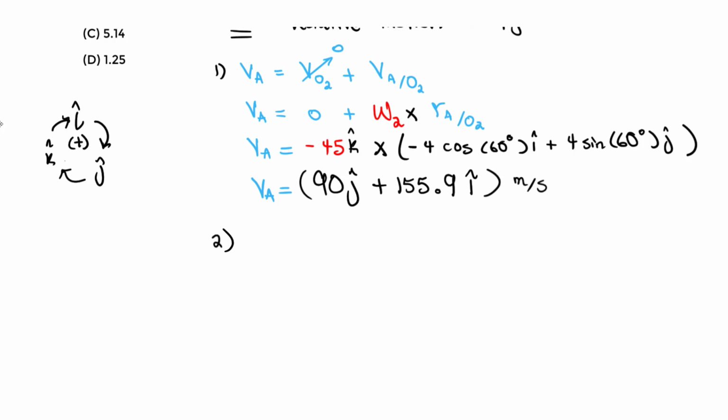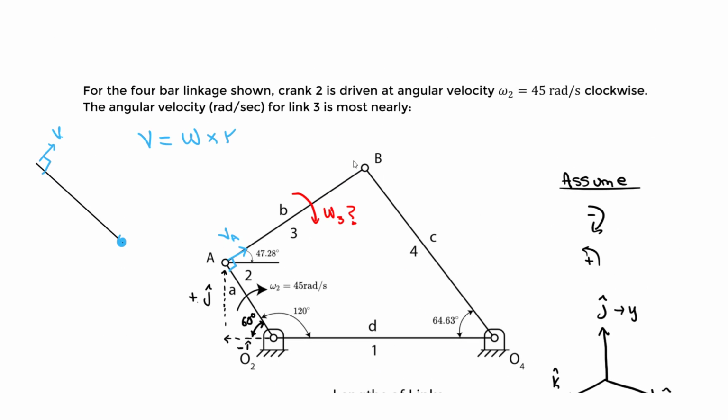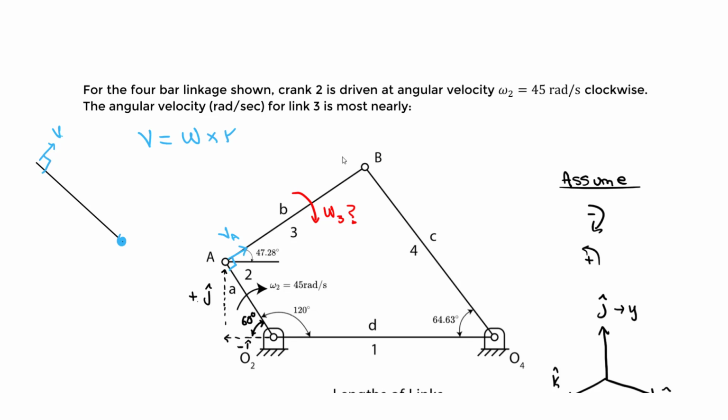Let's keep going. Step number 2. We're not even close yet, but we will now move to the velocity at B. We know the velocity at B is going to do something like this. It's always perpendicular to the link, so it will do something like that. It's perpendicular to the link at 90 degrees.